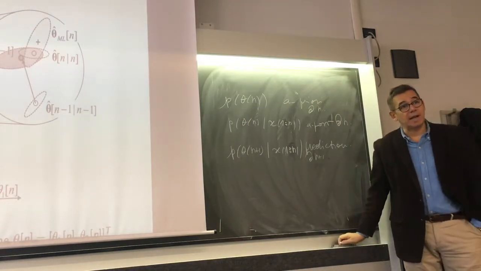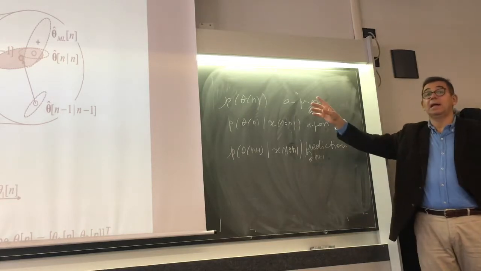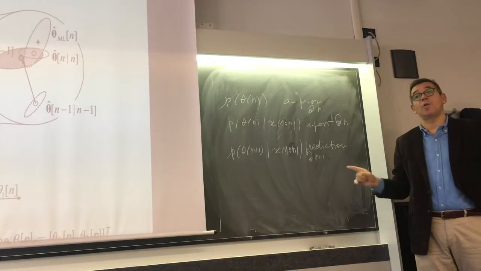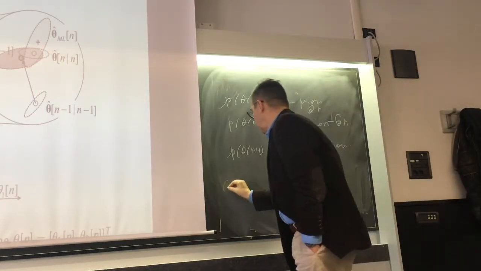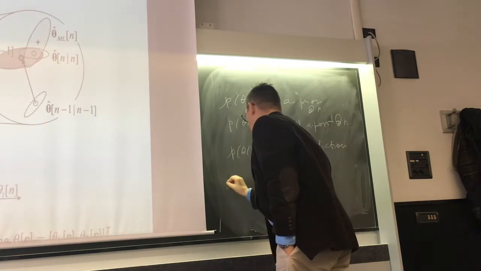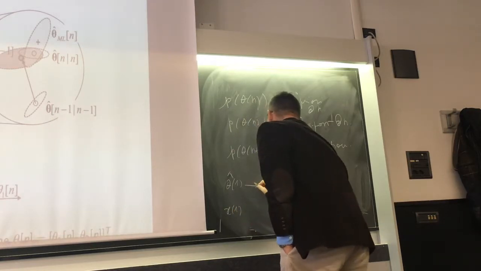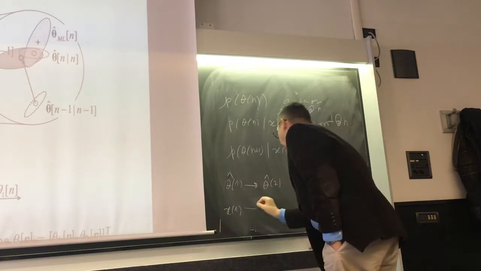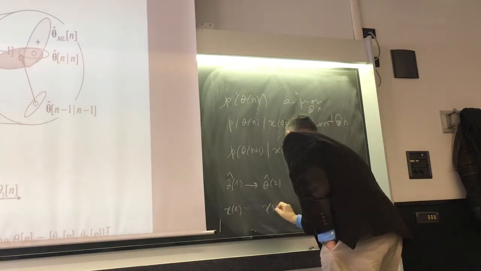So what the Bayesian tracking is doing is estimating the sequence of states from the sequence of observations. The sequence of states means I want to estimate theta 1 from x1. Then I want to estimate theta hat 2 from x1 to 2.